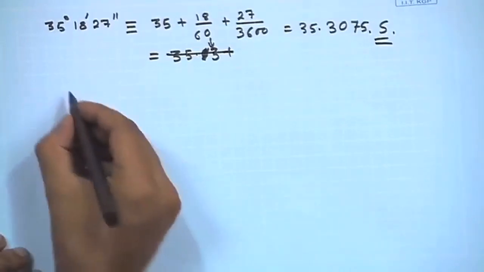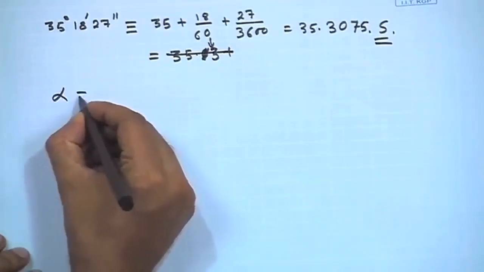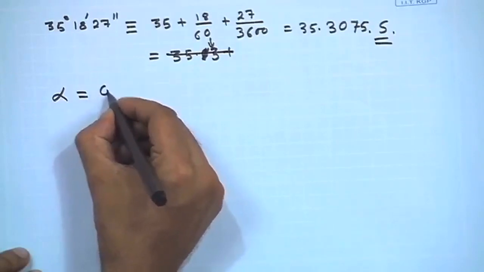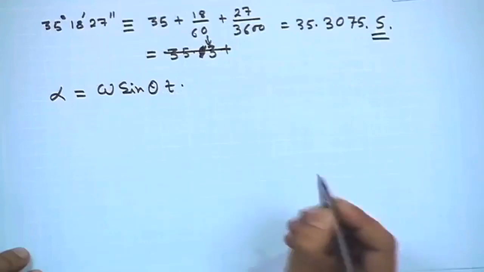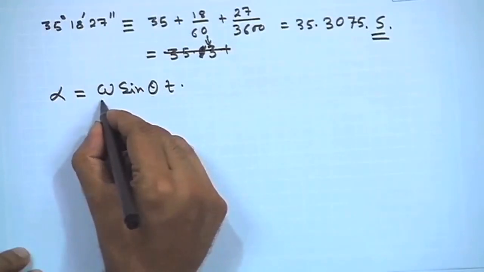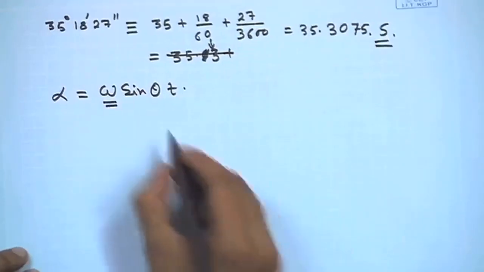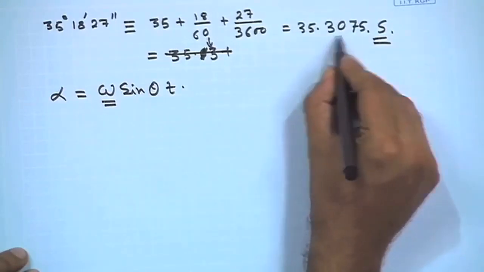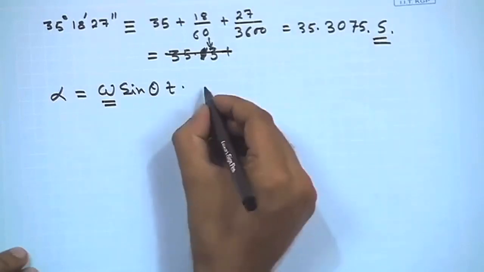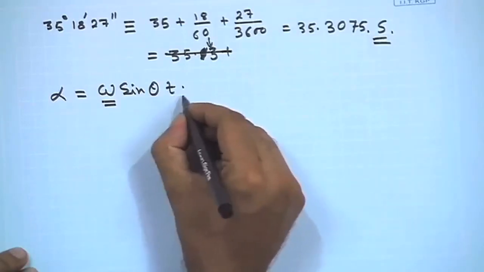Now, the angular deviation alpha is given as omega sin theta t. Omega is the angular velocity of Earth's rotation, theta is the latitude, which is given as 35.3075, and t is given as 100 seconds.